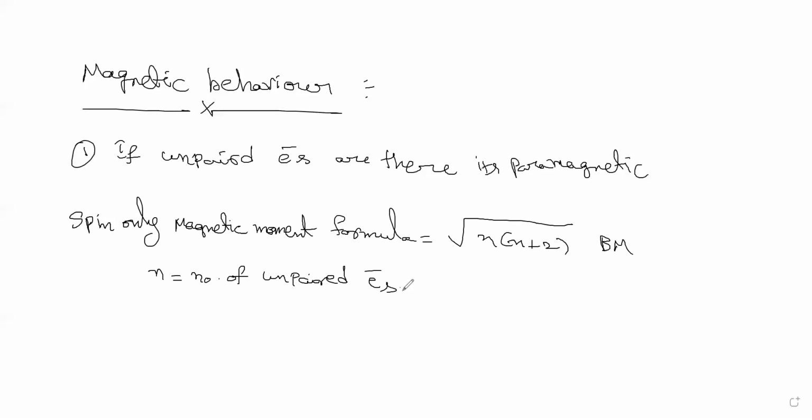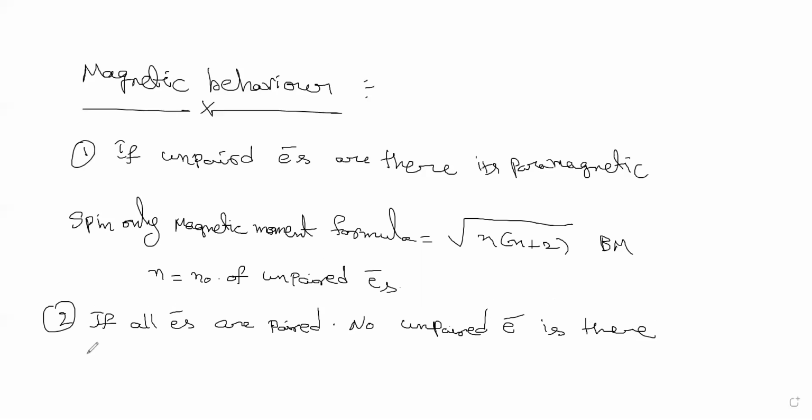The second thing is that if all electrons are paired, that means no unpaired electron, it is diamagnetic. If no unpaired electron is there, that's diamagnetic for you.